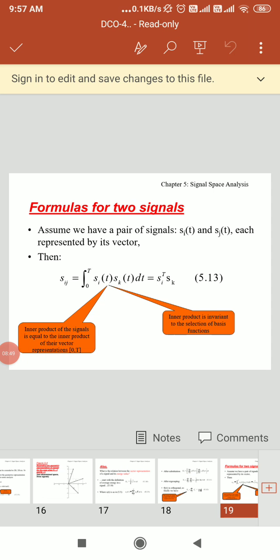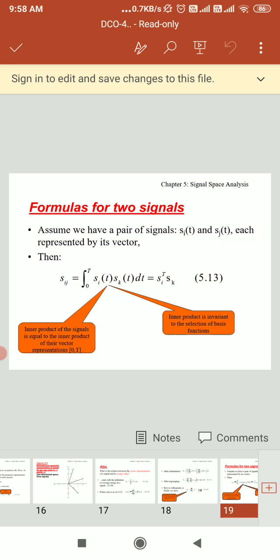Here we can take the formulas for two signals instead of one signal. We can assume we have a pair of signals Si of t and Sk of t. If we represent this signal by a vector, we get the integration from 0 to T of Si of t into Sk of t dt, so we can take Si transpose into Sk.